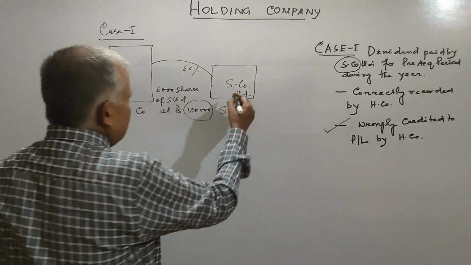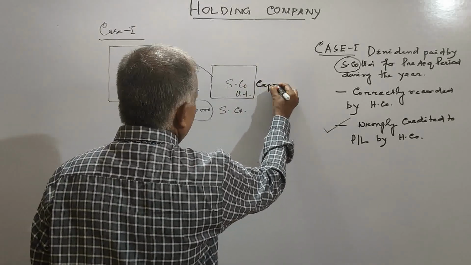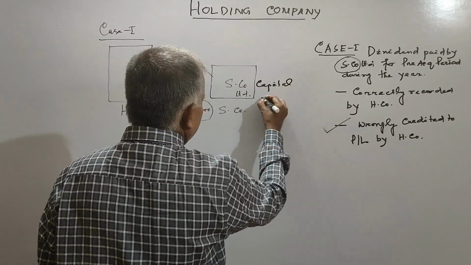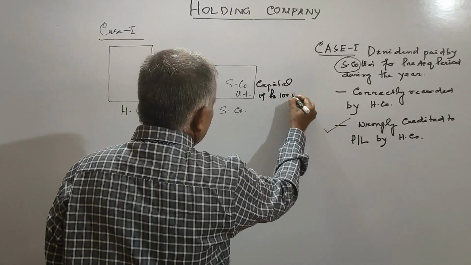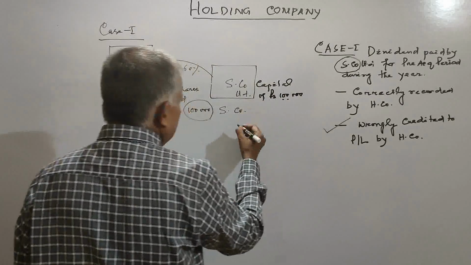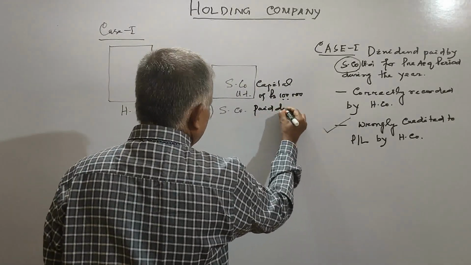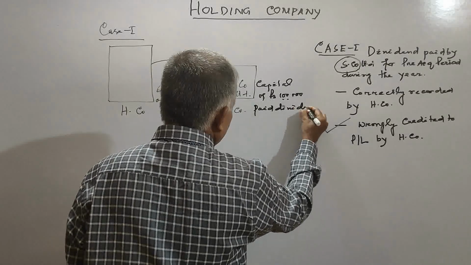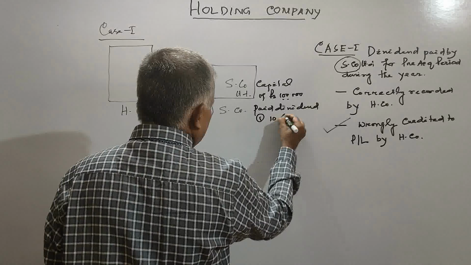Now the subsidiary company has share capital of rupees 1 lakh, and it is declaring dividend at a rate of 10%.